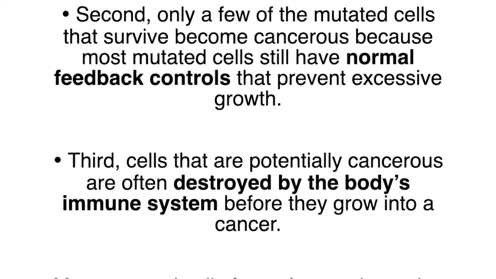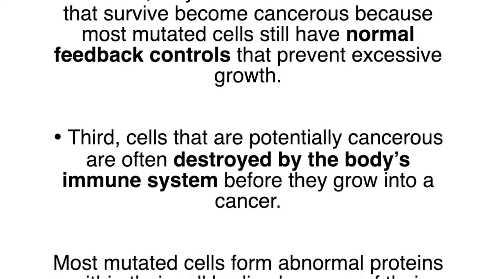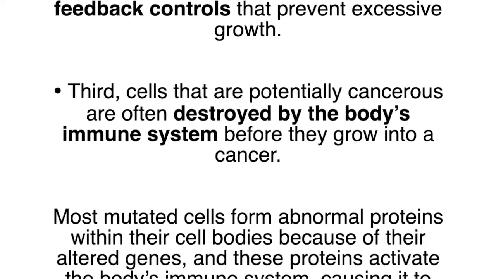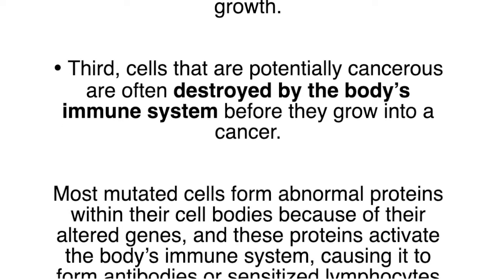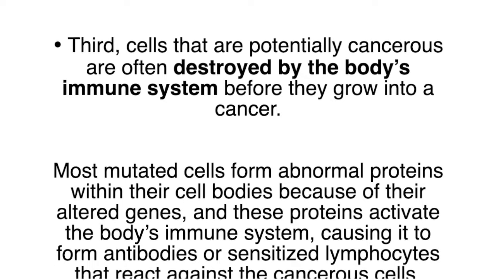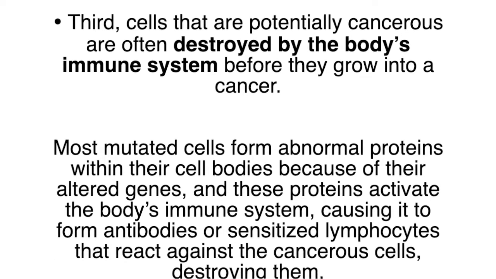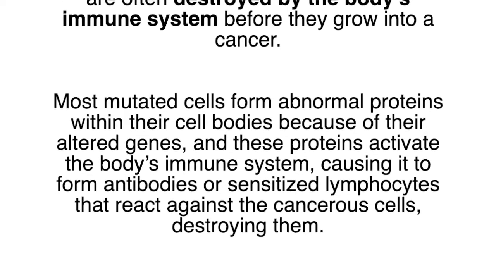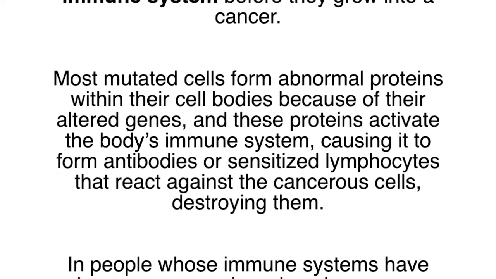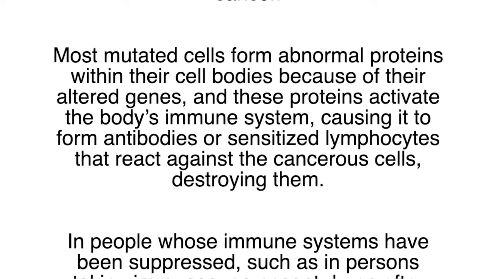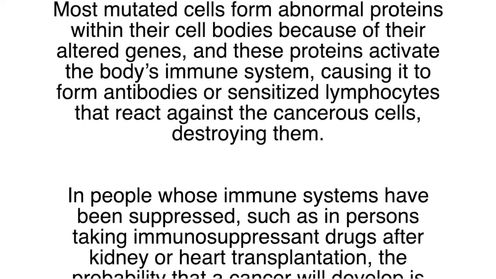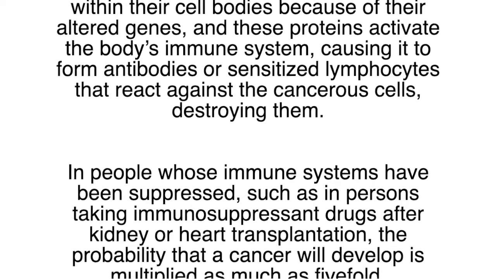Third, cells that are potentially cancerous are often destroyed by the body's immune system before they grow into a cancer. Most mutated cells form abnormal proteins within their cell bodies because of their altered genes, and these proteins activate the body's immune system, causing it to form antibodies or sensitized lymphocytes that react against the cancerous cells, destroying them.